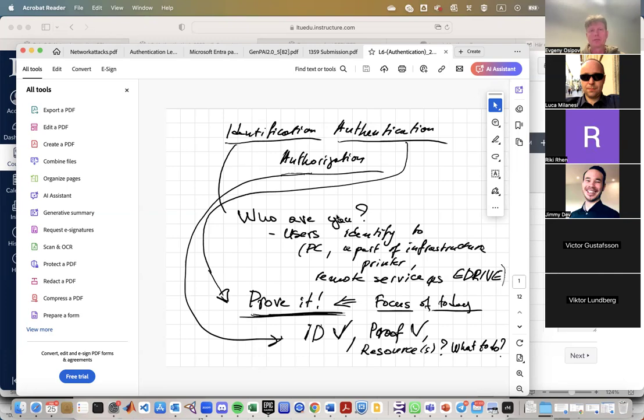So you need to present a digital token of different kinds to identify yourself. And the second very important phase is, in addition to the identification token, you need to prove your identity. And proof or verification of identity is called authentication. So these are two distinct processes.